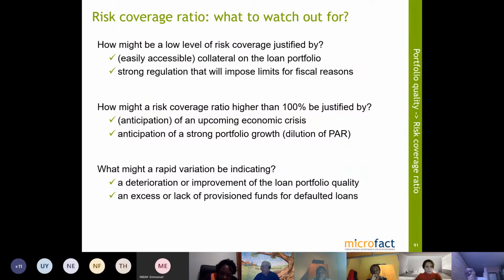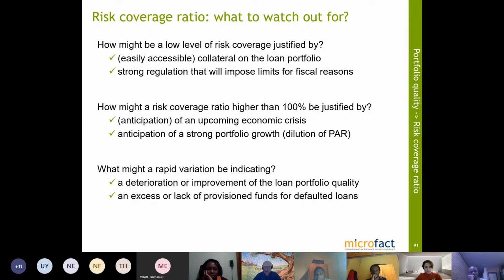So here you see a lower ratio can be justified by having collateral. It can also be that your organization is not having loan loss reserves for 100% because the regulation doesn't allow you to do this. For example, in Western Africa, normally they only start provisioning starting from portfolio at risk 90 days.